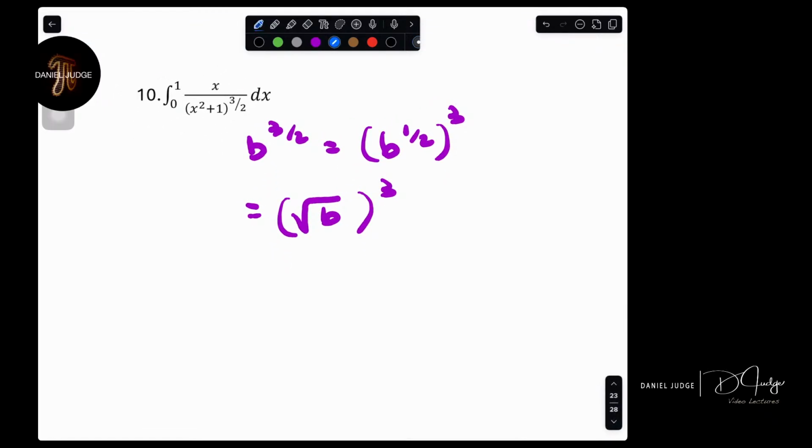Okay, so what's our base here? So this denominator, we have x over the square root of x squared plus 1. Let me write it so we can see it. That's raised to the 3rd power down there with dx.